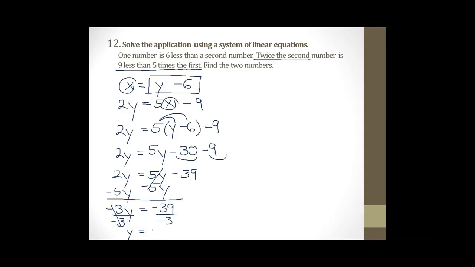Positive 13, because a negative divided by a negative is positive. Good job. Okay, so we found the second number.